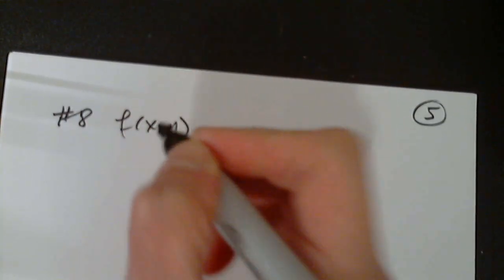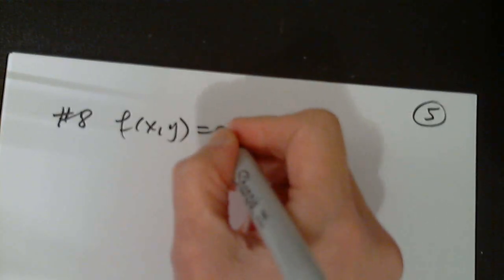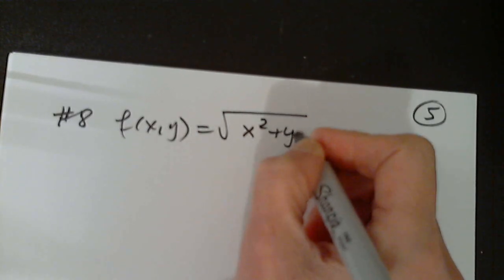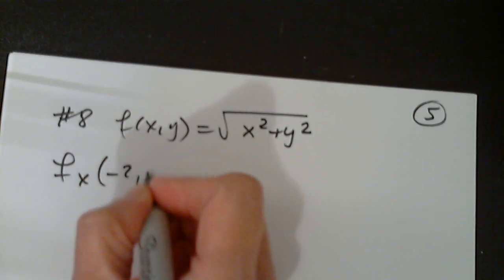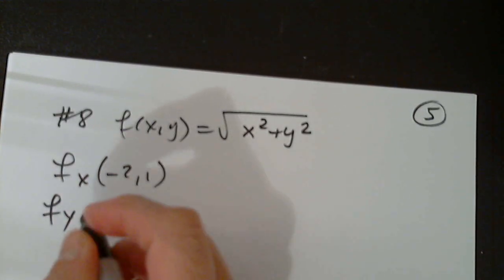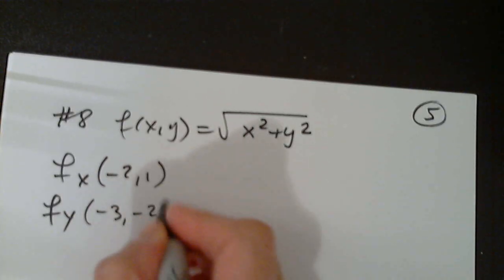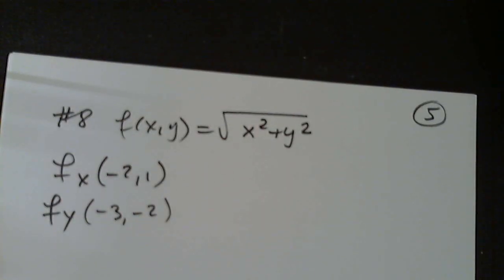So f of x, y is the square root of x squared plus y squared, and they also want fx at -2, 1 and fy at -3, -2. Perfect. Good pick.